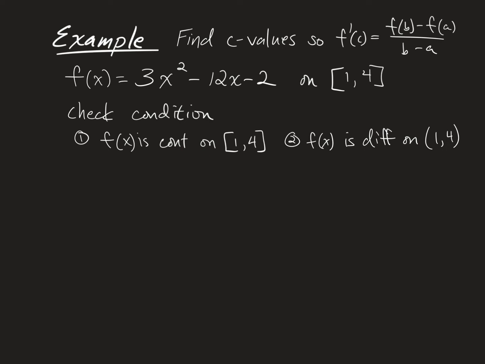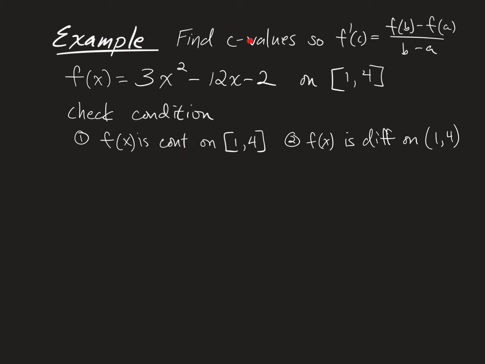And that's because if you take the derivative of f of x, which we're going to have to do anyway, it will also be a polynomial, and that means that we're looking at a derivative that is continuous. If the derivative is not continuous, then the original function is not differentiable at some x value.